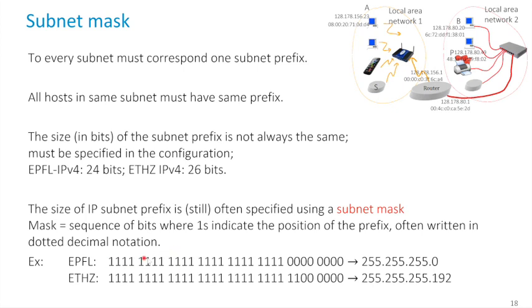If you take a sequence of bits, all equal to 1 in the positions that identify the subnet prefix and equal to 0 in the rest, you translate that into dotted decimal, you obtain what is called the subnet mask. It's very contorted. It was done 50 years ago. Today we would say /24, but that's how it's done.